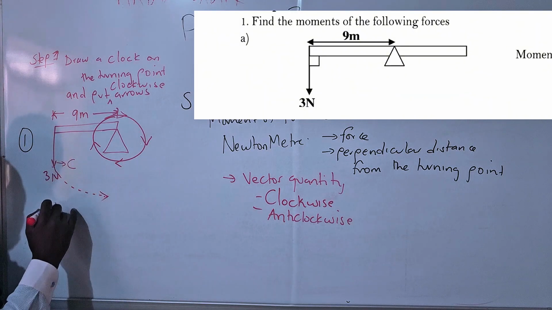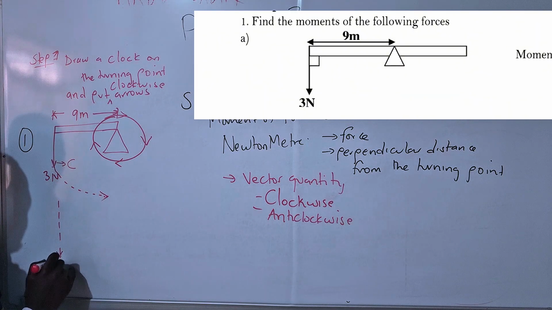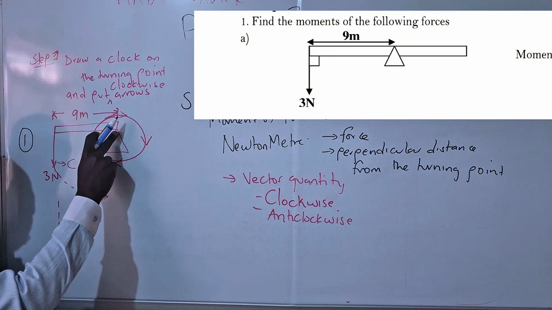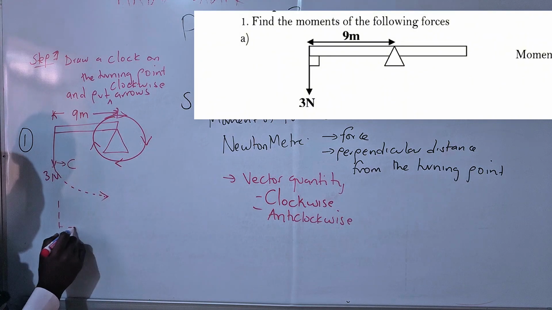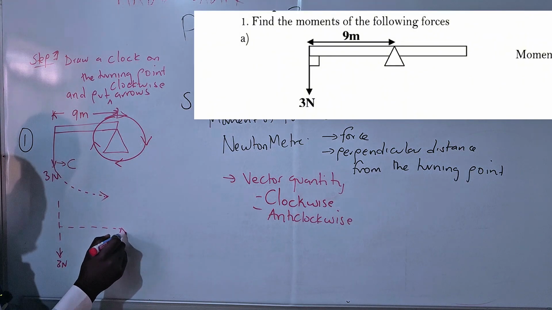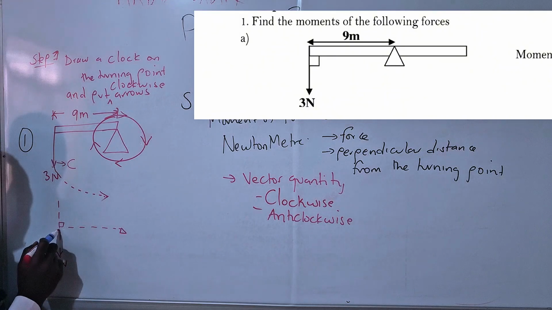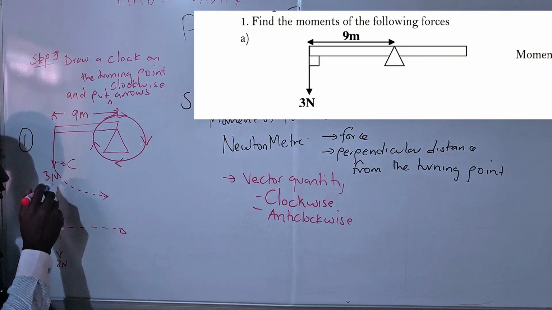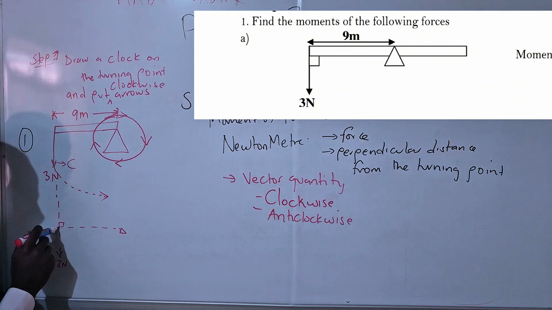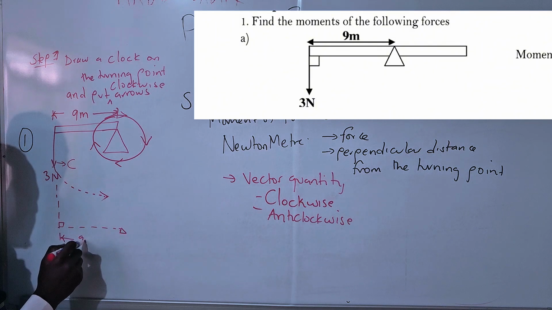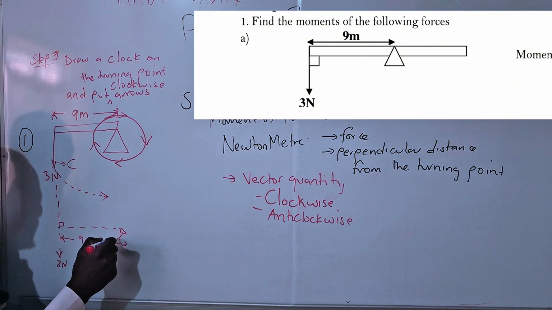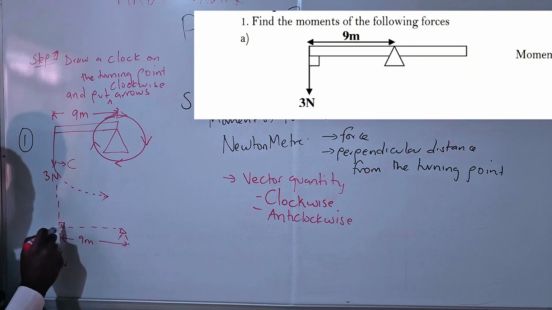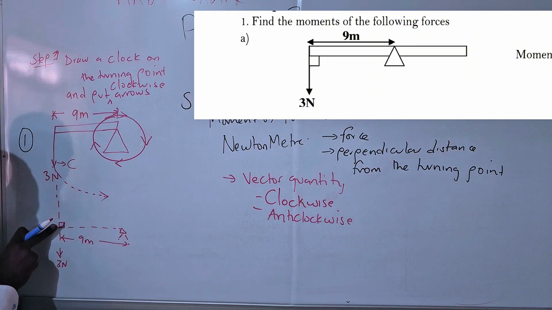So when you observe clearly, this is our force, 3 newtons. And this is our turning point. This distance here is perpendicular. It is meeting the line of action of the force at 90 degrees. So this is the perpendicular distance from the turning point, meeting at 90 degrees.